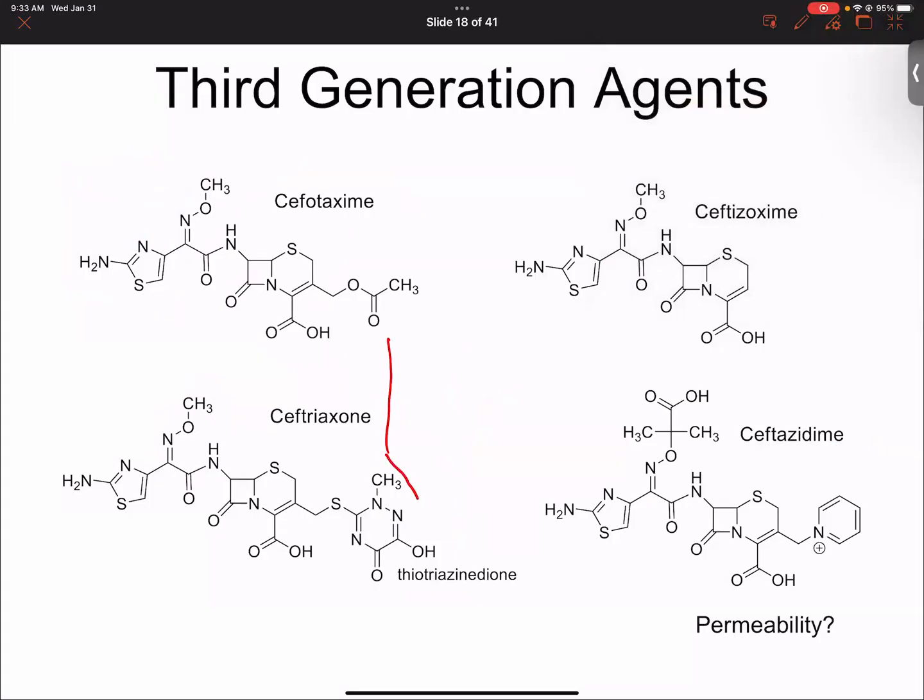I'm not sure if things have changed over the years or not, but our pharmacy and therapeutics committee at the hospital I worked at pretty much made a statement that anytime you get a Rocephin order that's written, 1 gram Q12 for an adult, it automatically gets changed to 1 gram every 24 hours because of the kinetics.